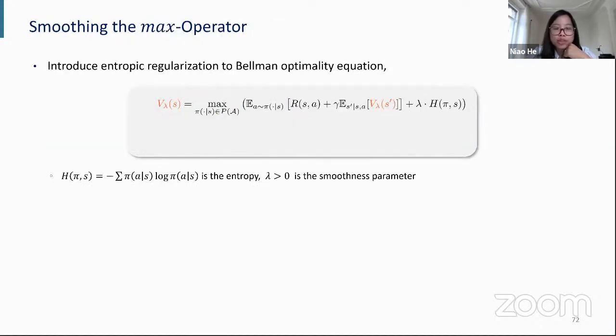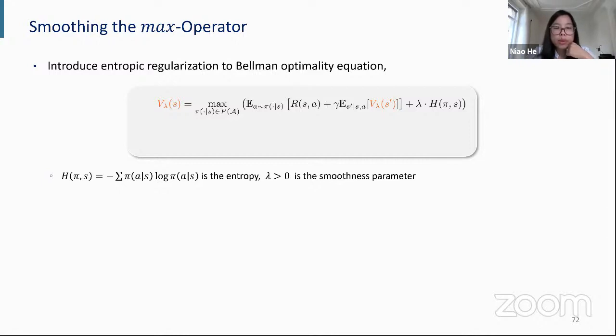Here, let's just add this entropy regularization into the Bellman equation, with this coefficient lambda, a regularization coefficient, times this entropy H defined over your policy pi.